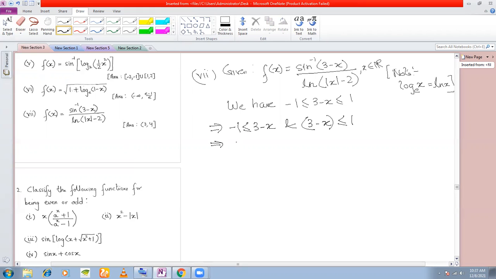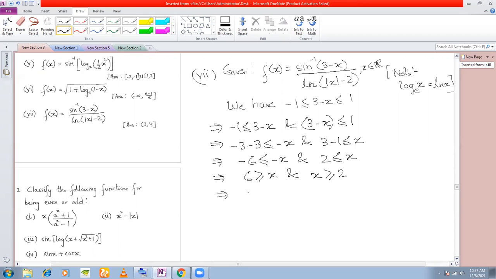That means you have minus 1 minus 3 less than or equal to minus x, and you have 3 minus 1 less than or equal to x. So you have minus 4 less than or equal to minus x, and you have 2 less than or equal to x. Now if you multiply both sides by minus 1, you get 4 greater than or equal to x.